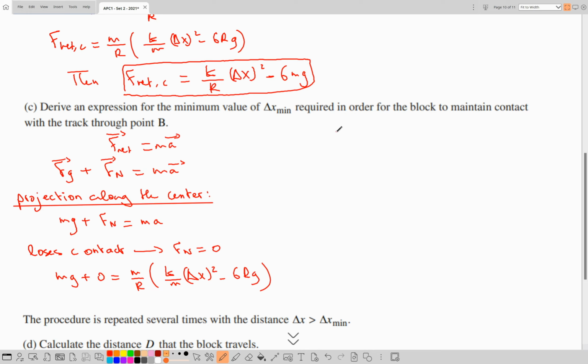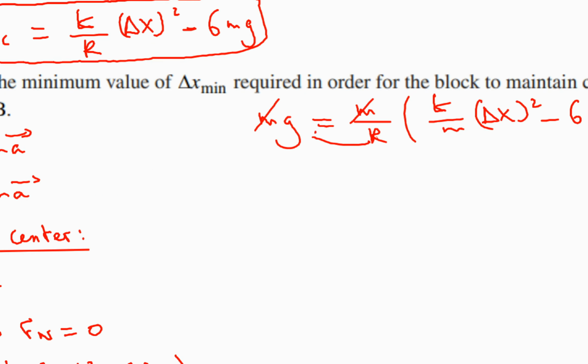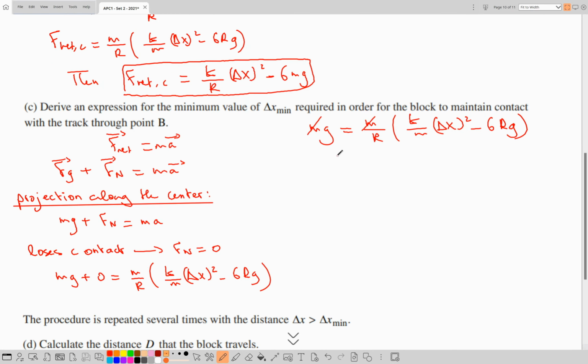Now let me continue my work here. So mg is given by m divided by r multiplied by k divided by m delta x squared minus 6rg. Now m with m cancel, I can take r to the other side. I'm just isolating for delta x, then rg is given by k delta x squared minus 6rg.